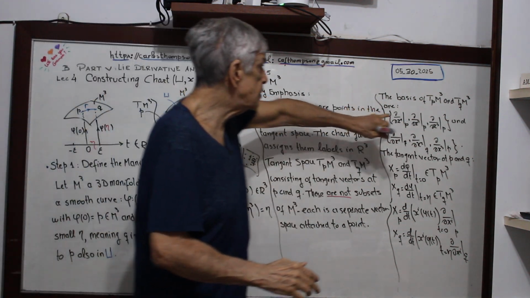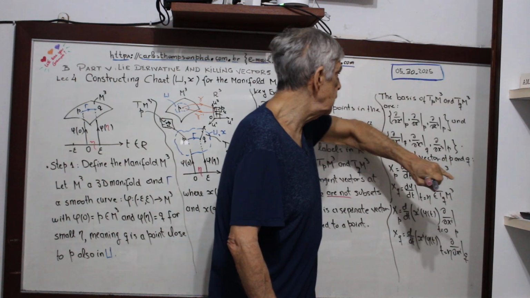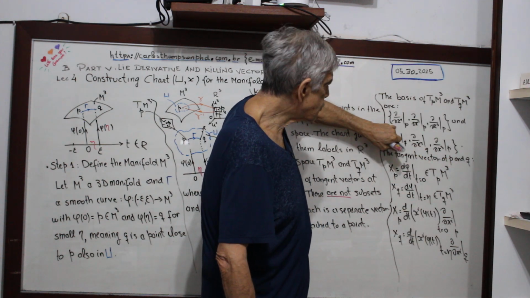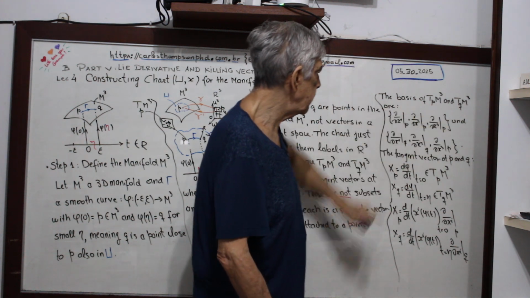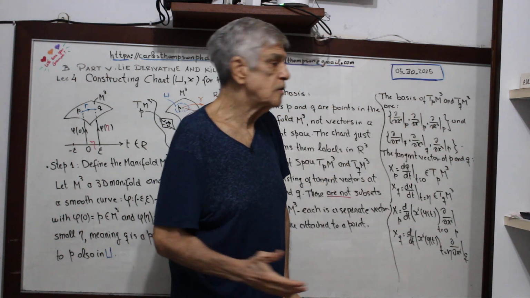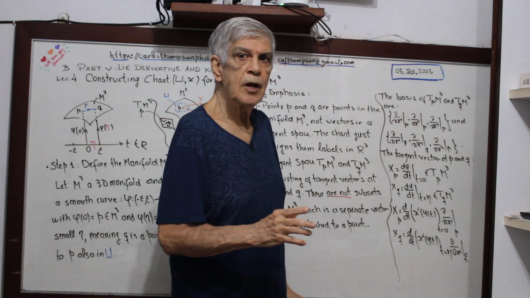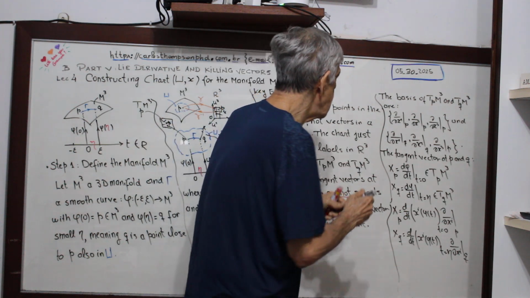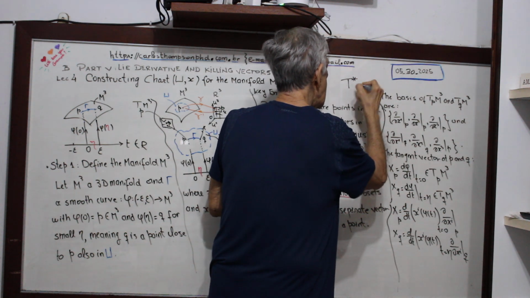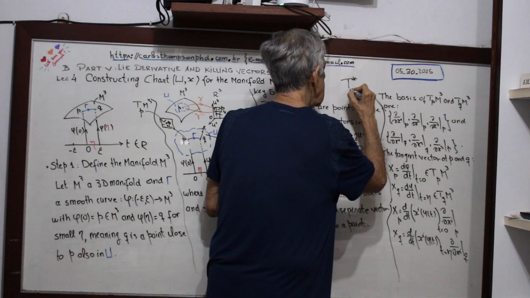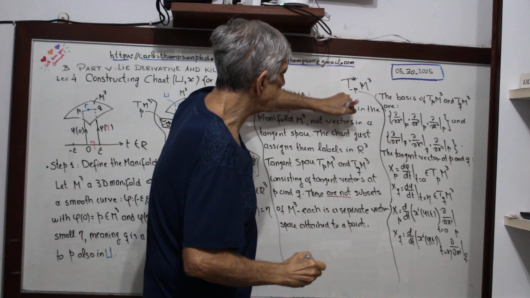Now, the basis of the tangent vector spaces TPM3 and TQM3 are the partial derivatives with respect to x1, x2, and x3 at the point P. So in this case it is a vector space, but you also have the correspondence that's important here. This one is the cotangent space.